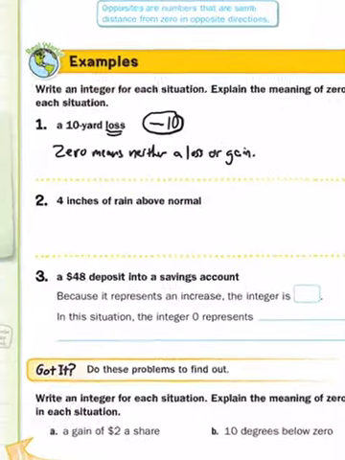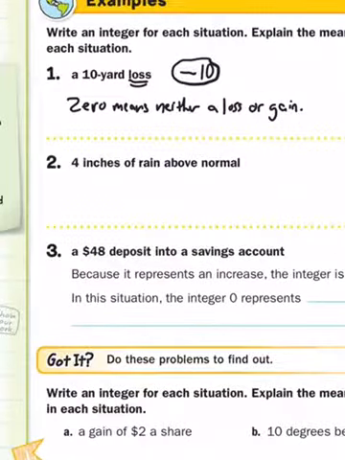Now, in example 2, it says 4 inches of rain above normal. Now, the key word is above. So the integer that represents this situation will be a positive 4. Now notice I don't write a plus sign for a positive 4. It's understood that it's positive without writing it. Now, what would 0 mean? Well, in this case, remember, think of what above, a positive and a negative means.